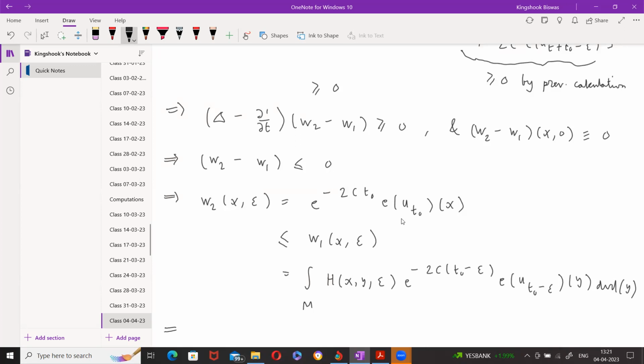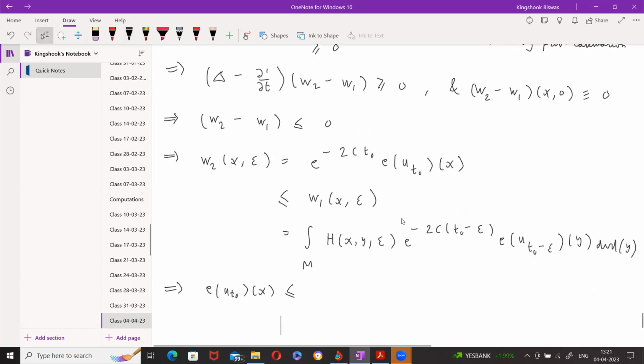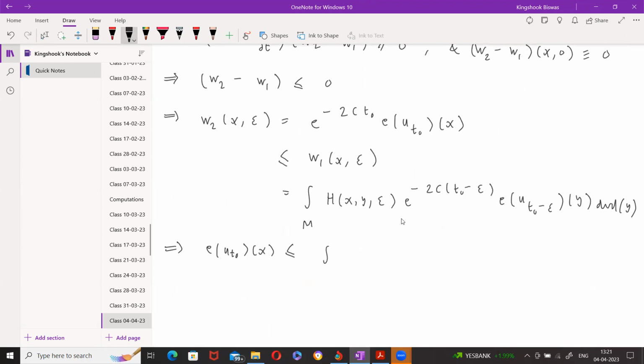So I can cancel those and I'll get that energy of u t naught x is less than or equal to the integral over M of h of x y epsilon e to the 2c epsilon energy of u t naught minus epsilon of y d vol y.